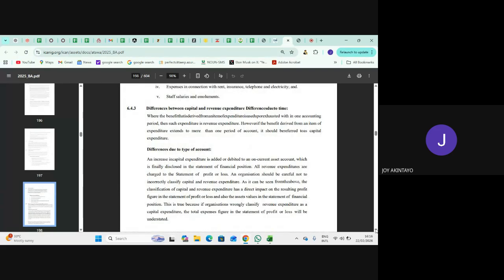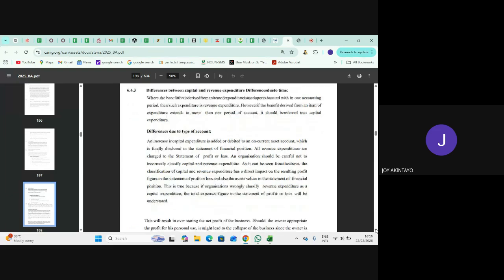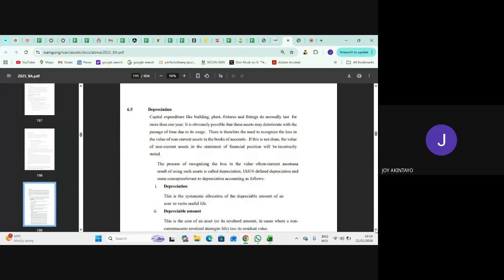So we've talked of capital and revenue expenditure. So let's quickly move on to depreciation.